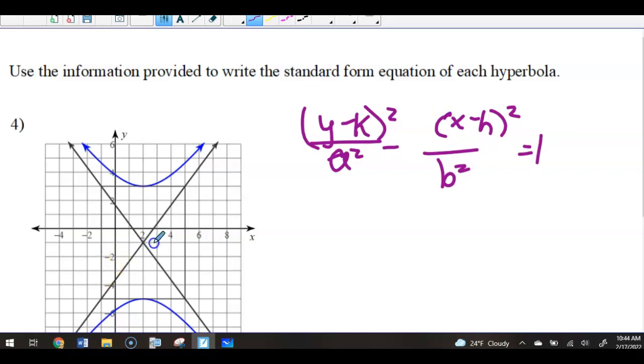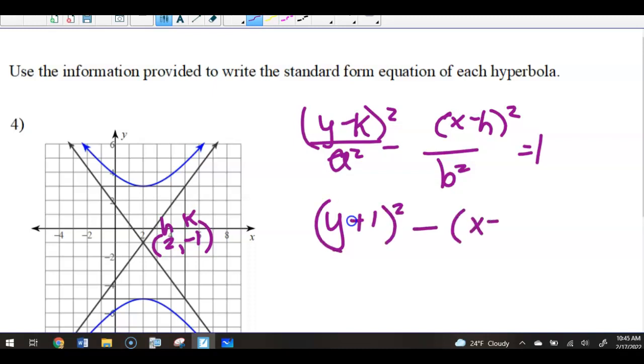Okay, and the center is at 2, -1. So I would have y minus, this is h and k, minus -1 or plus 1 squared, minus x minus 2 squared equals 1. And then remember, a is how far it went to the vertex. This distance is a.